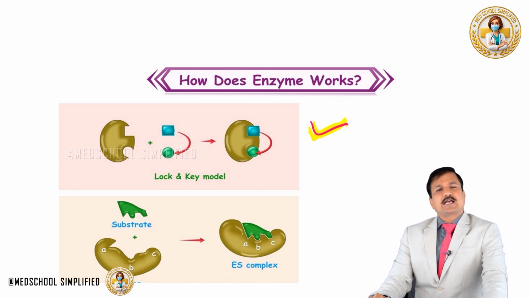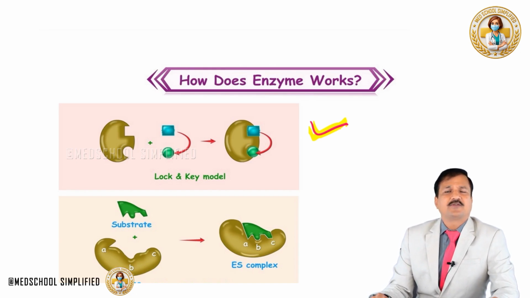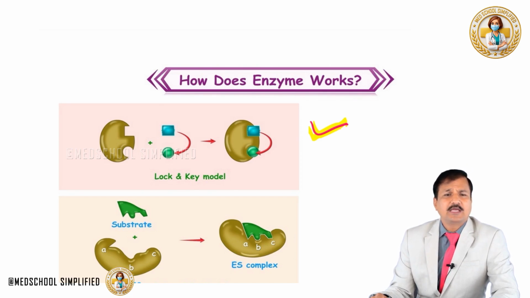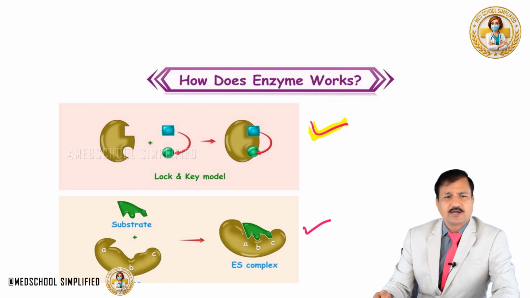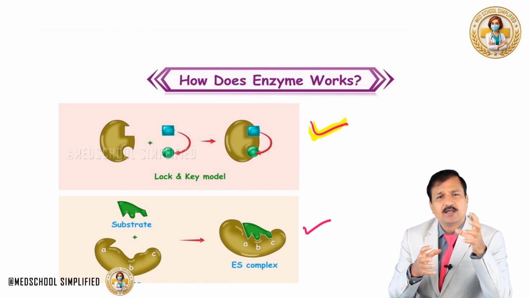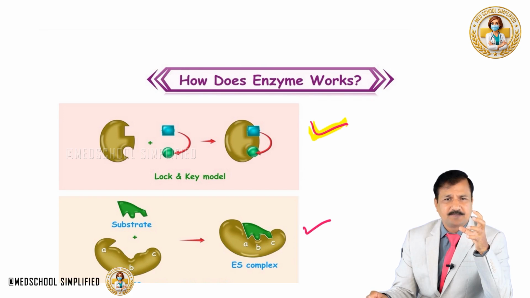Now the model that is accepted and which explains the mechanism of most enzymes, how they work in our body, is Koshland's induced fit model. What the Koshland's induced fit model shows here is that the shape of an enzyme where the substrate is going to bind may not be exactly complementary to the substrate shape.